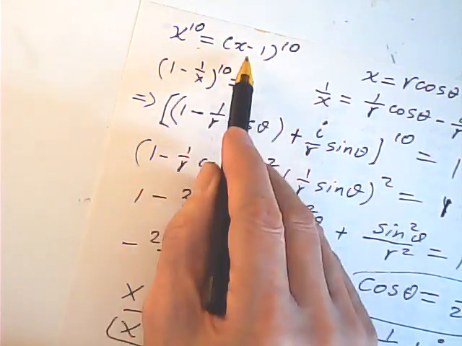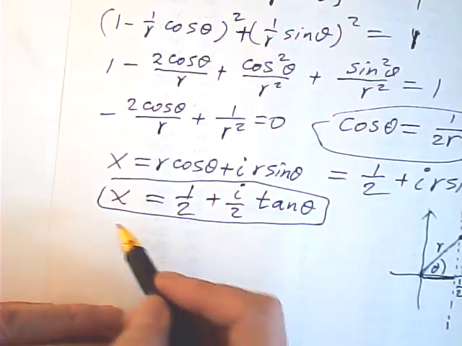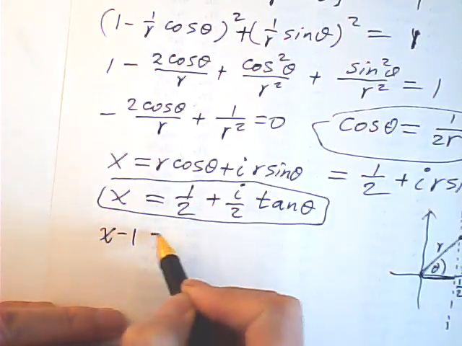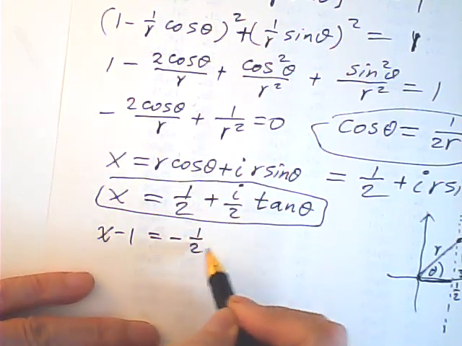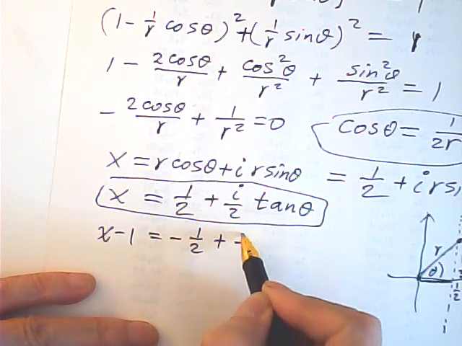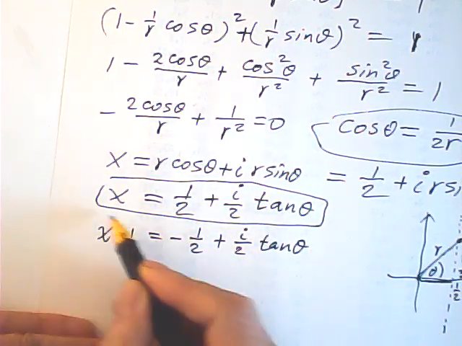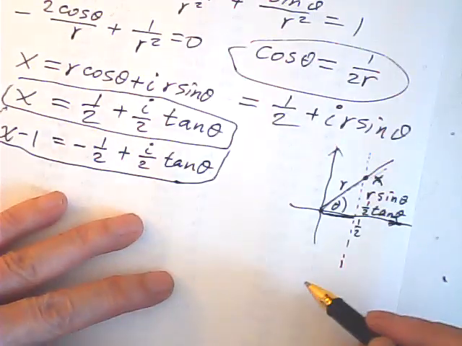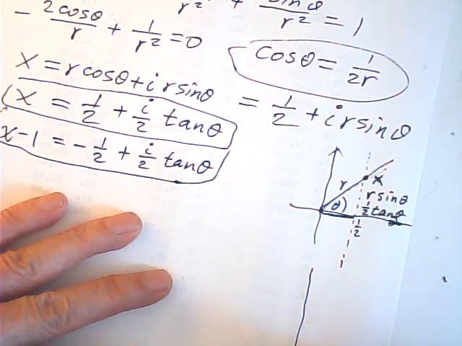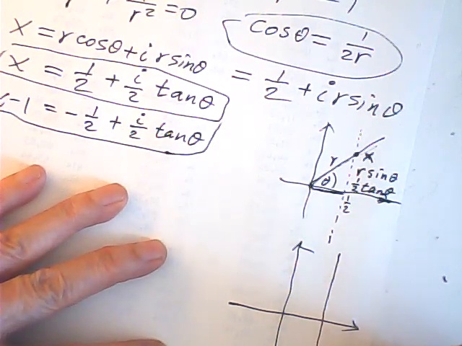One is x minus 1, which is equal to minus half plus i over 2 tangent theta. That is my x minus 1. If I use the picture to show it, this is my x.